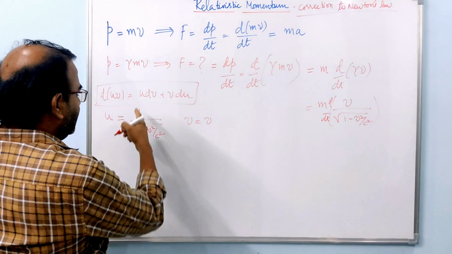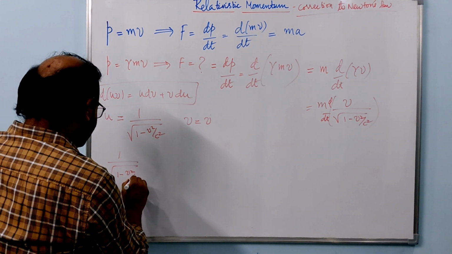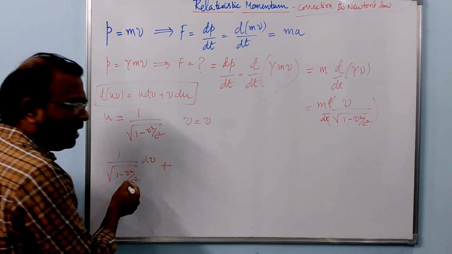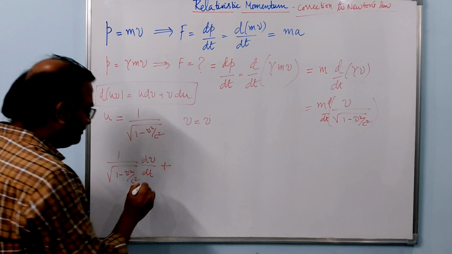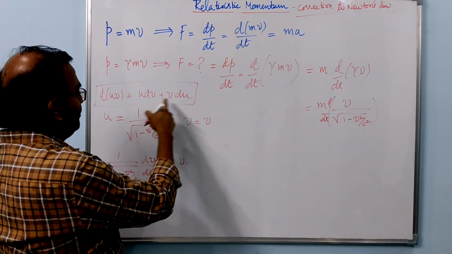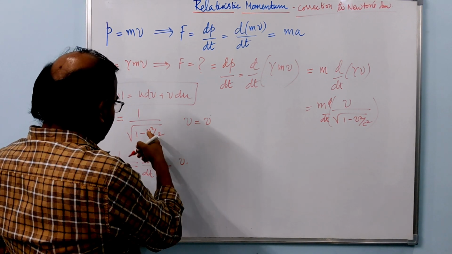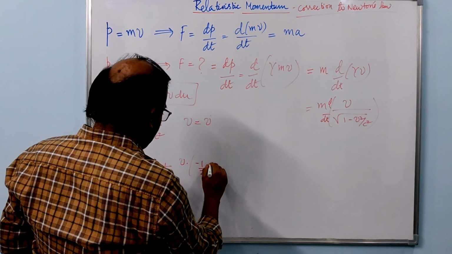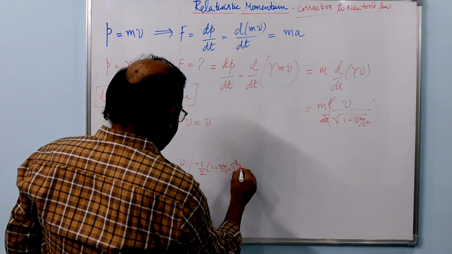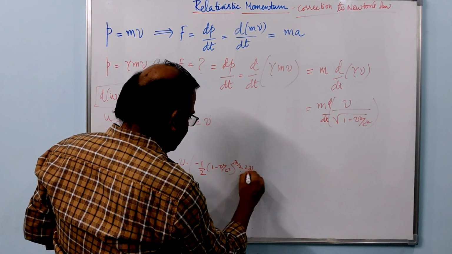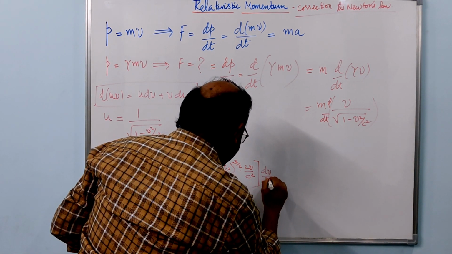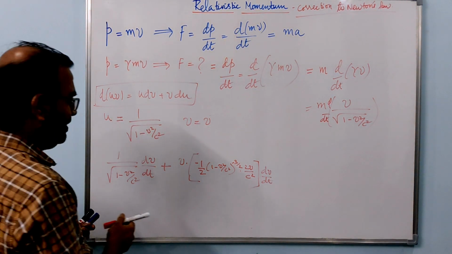So u dv is 1 over the square root of 1 minus v squared over c squared times dv by dt, plus the next term v times du, which is minus 1 by 2 times 1 minus v squared over c squared to the power minus 3 by 2, times the differentiation of the inside, 2v over c squared. Then dv by dt is common here.